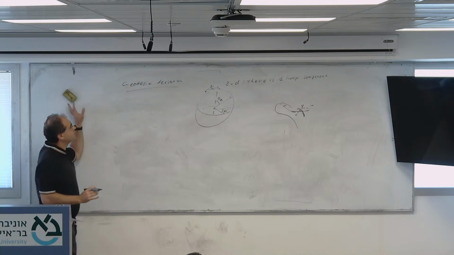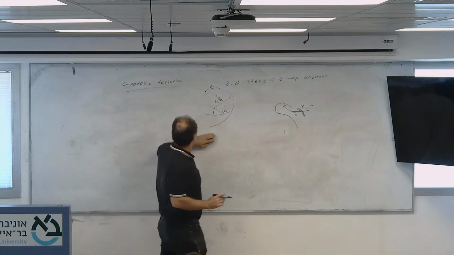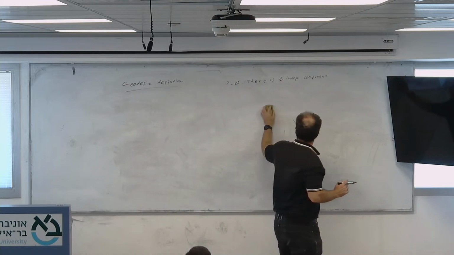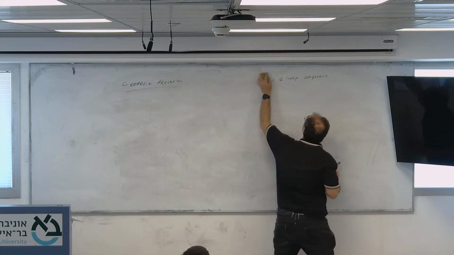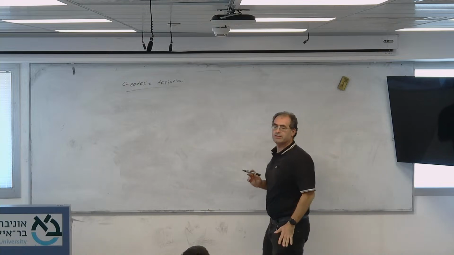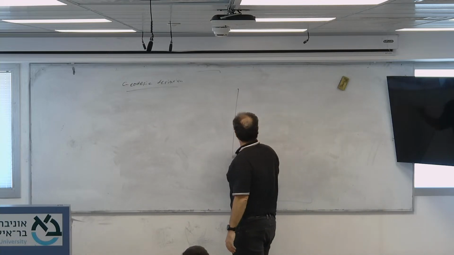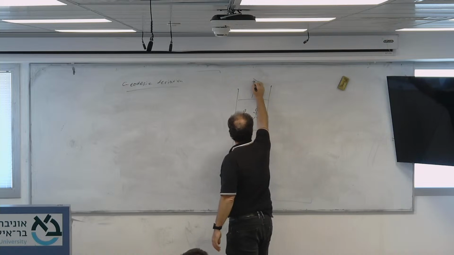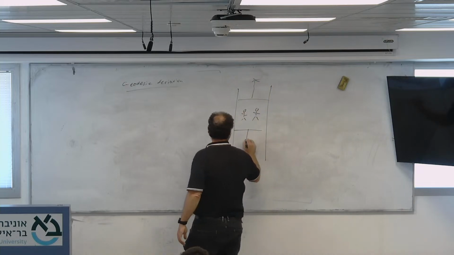Remember, at the beginning of the semester, we discussed this elevator experiment. We have an elevator, and there are two scientists inside, and the elevator cable is broken, and they freely fall.